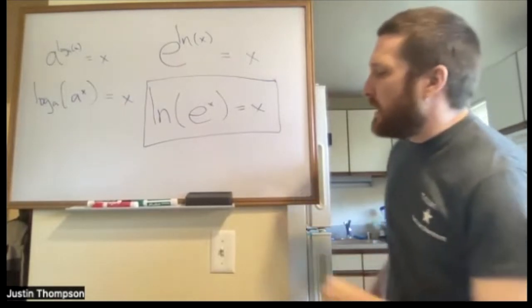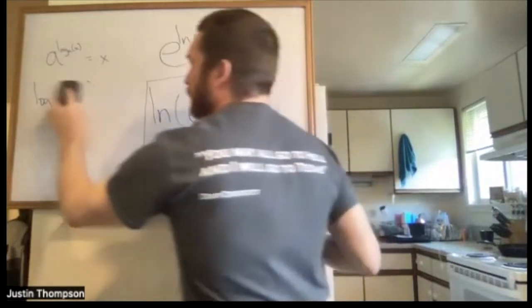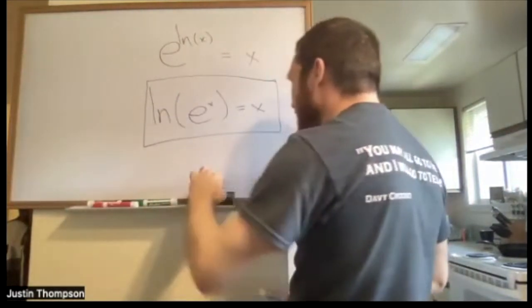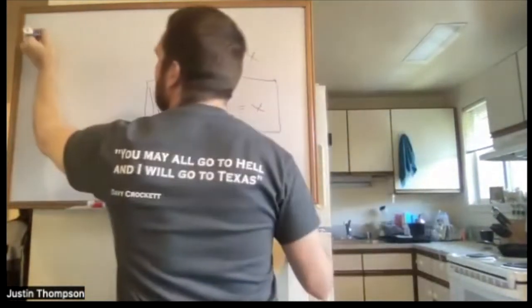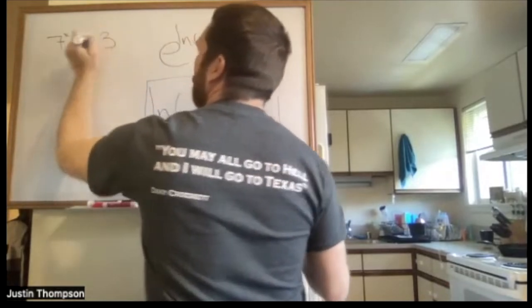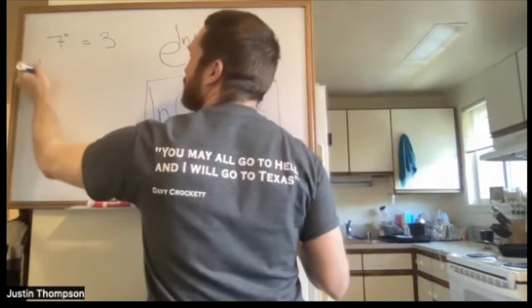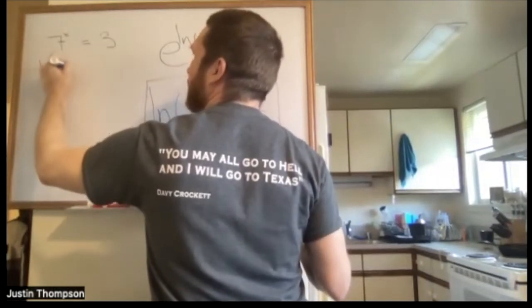And in the past, the way that we've used natural log has been if we had, say, something like 7 to the X equals 3. We took the natural log of both sides.